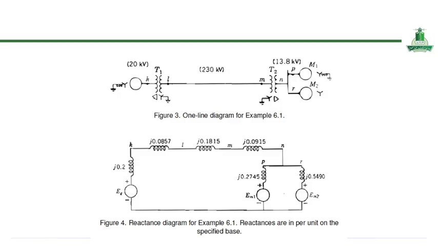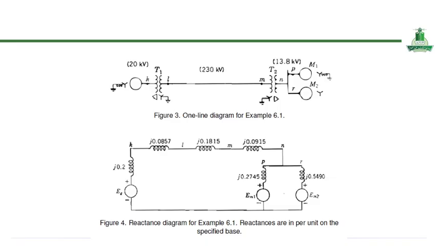This simplified representation also helps us understand how power flows from the source through transformers and transmission lines to the loads. In the bottom diagram, the same system is converted into a reactance diagram using per unit values, which significantly simplifies analysis.